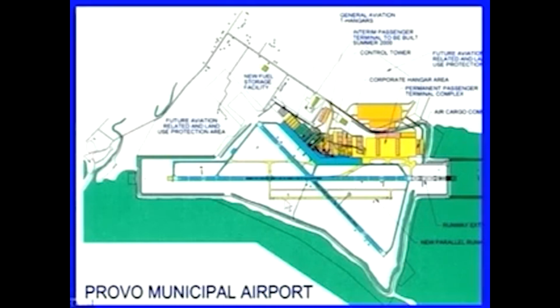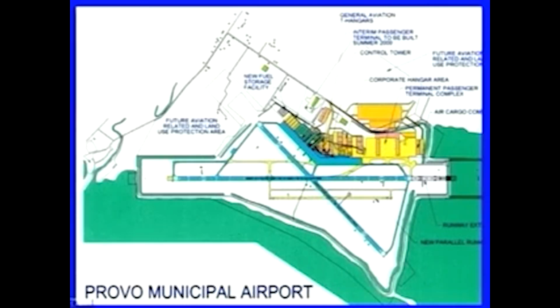This is another figure of the Provo Municipal Airport which tries to define the future things which need to come up in this area and this particular airport, and they have been shown in yellow color. Here the locations of various important components have been shown along with the other strips in terms of runway strips or taxiways.